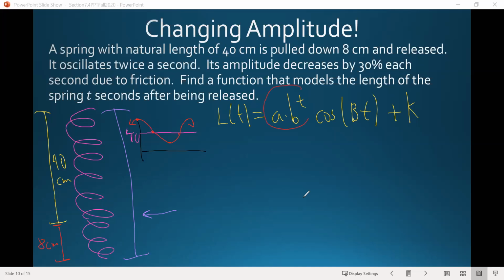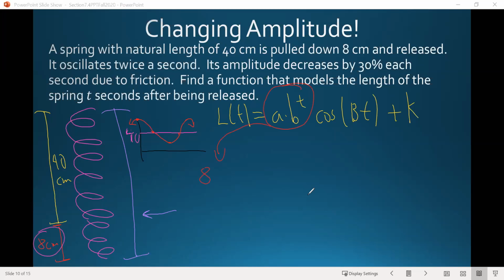The a times b to the t describes how the length of the spring changes every second. At first, the length of the spring is 8 centimeters longer, so our amplitude begins at 8 centimeters.